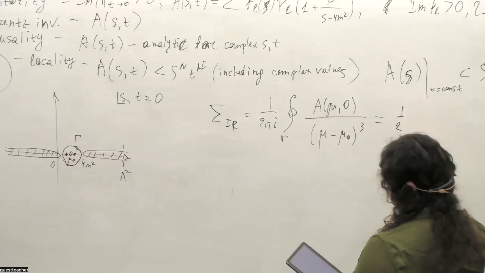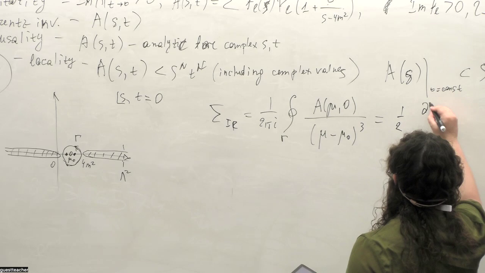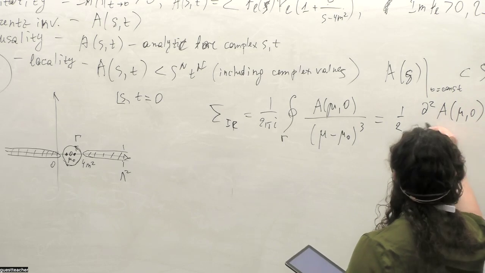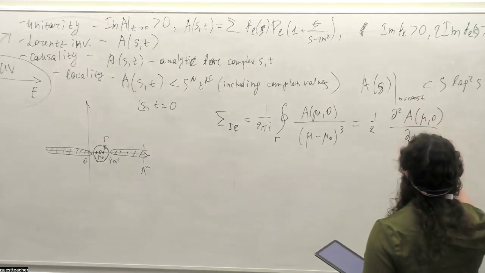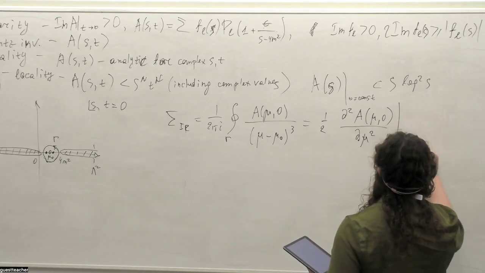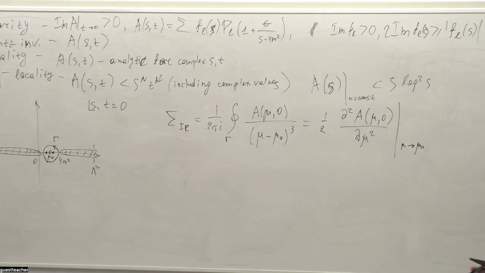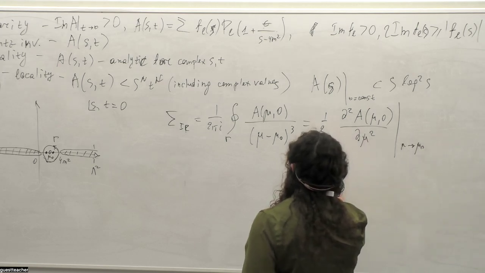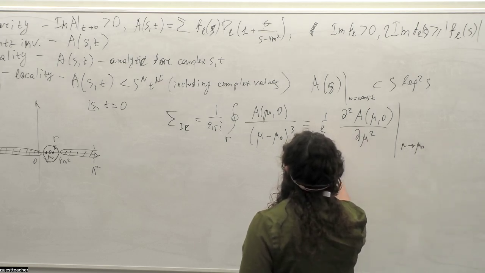Then it will be simply 1/2 of the second derivative of the amplitude at the point mu going to mu0. So this quantity is again something related to only the infrared theory. So I'm assuming here no extra poles.